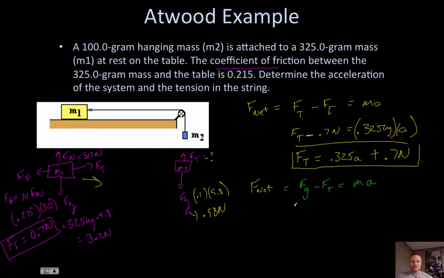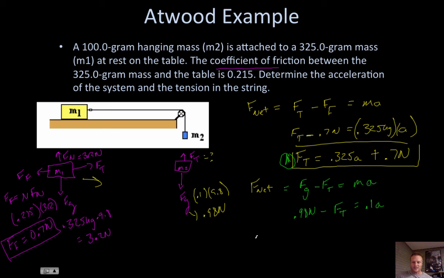Okay, so now let's fill some information in. I know the force of gravity is 0.98 newtons minus Ft is equal to the mass of this guy, which is 0.1 A. I'm again dropping units just to clean things up a bit. Now what I can do is, where this says minus F sub t, I can place this equation there, to figure out the acceleration. That's my goal.